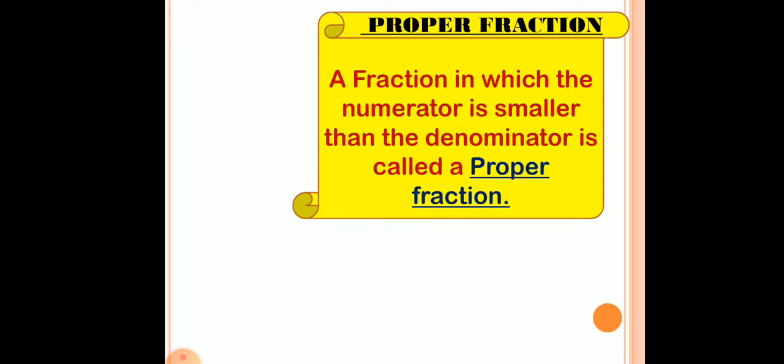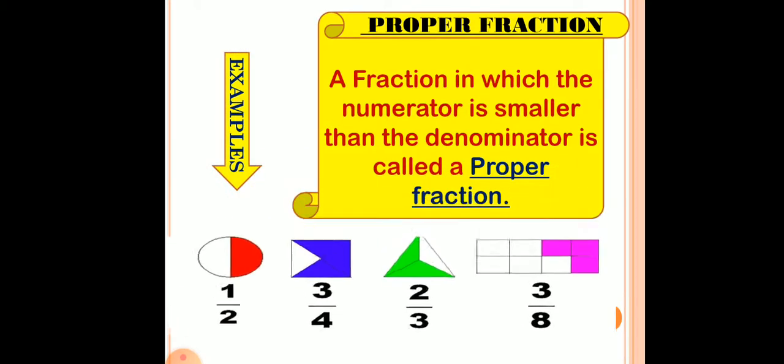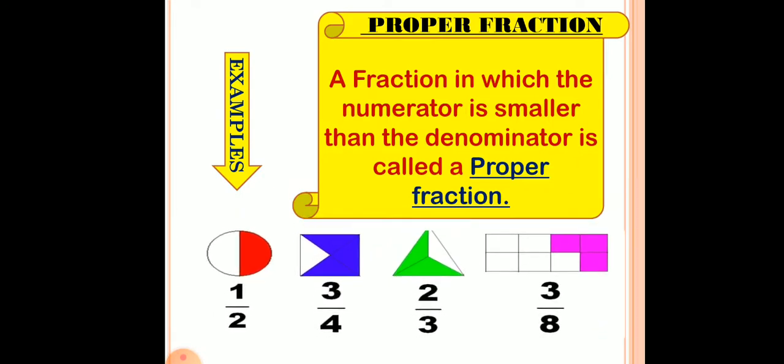Let's see the other fraction, which is proper fraction. A fraction in which the numerator is smaller than the denominator is called a proper fraction. Let's see the examples. As you can see, the fraction 1 by 2.